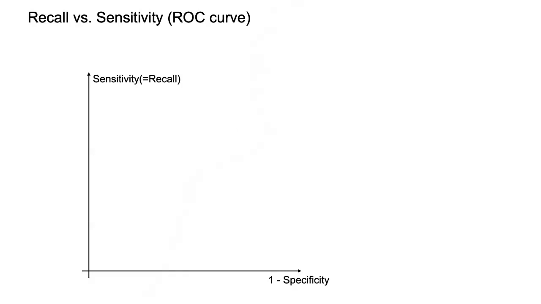So if we plot this, we get a curve like that. But let me explain what this is really about. ROC actually comes from electronics. I might get it wrong, but I think ROC means receiver operating characteristics or something like that. Maybe you could quickly Google it.